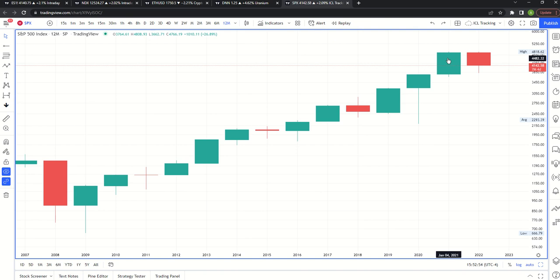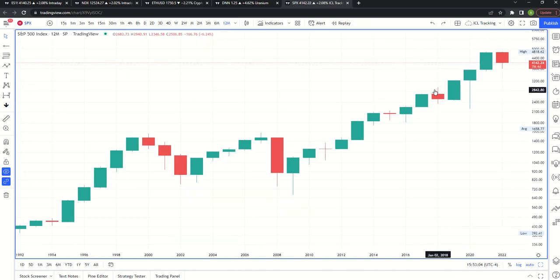I suspect we're going to trade down there, maybe probably undershoot it, and that's going to give us a new low on the yearly chart. And that's important. That's what multi-time frame analysis is all about: understanding what is happening on each time frame and how that's impacting the time frames above and below.